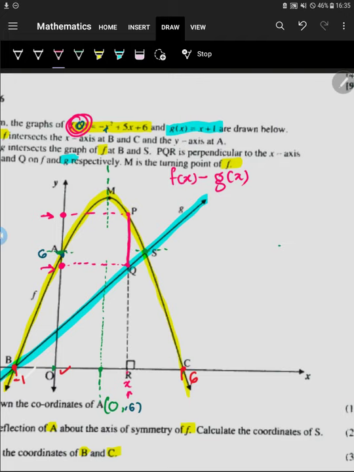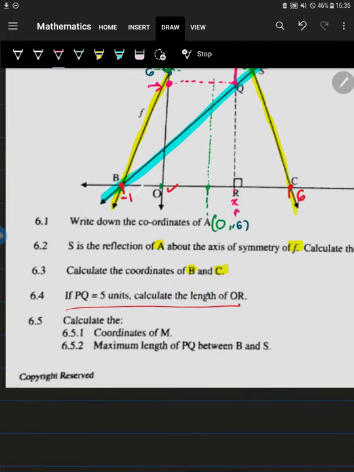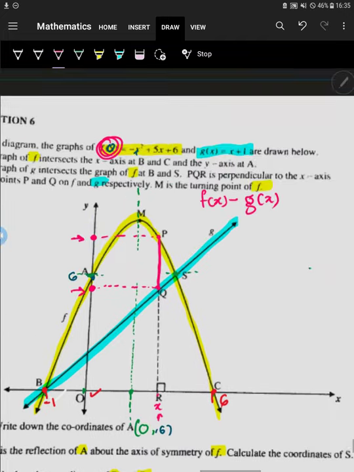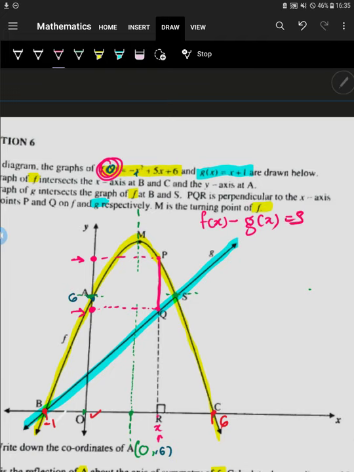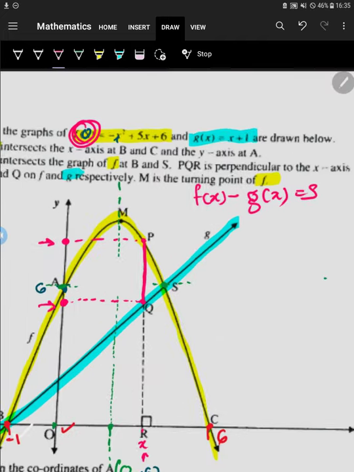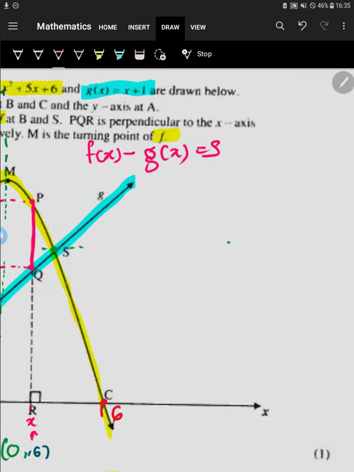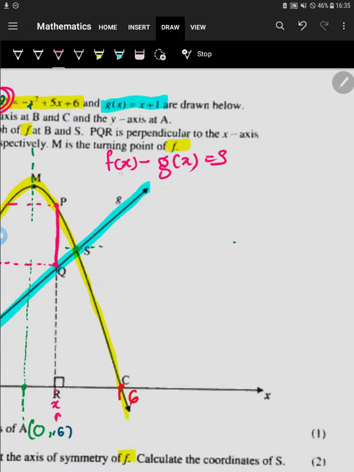That's what PQ is. Isn't that so? And it's telling us that it's equal to 5. So this is equal to 5. What is QR? Well, that's nothing major. Why? Because we know these values, we can substitute it, right? So negative x squared plus 5x plus 6 minus the whole of g, which is x plus 1, is equal to 5.